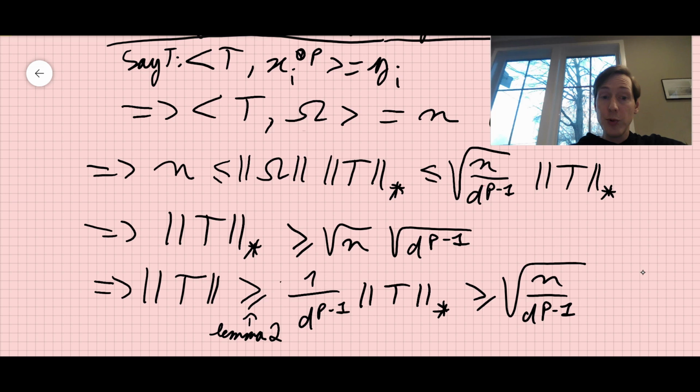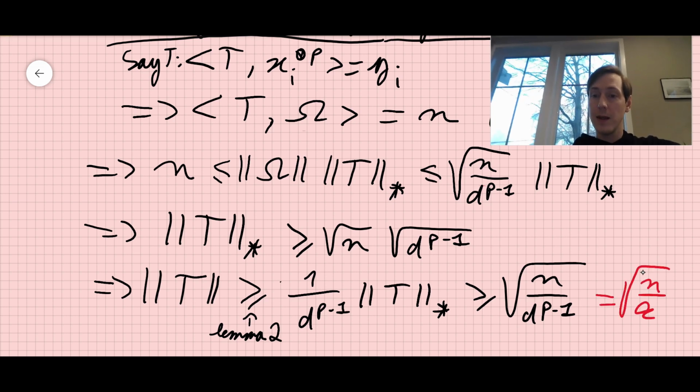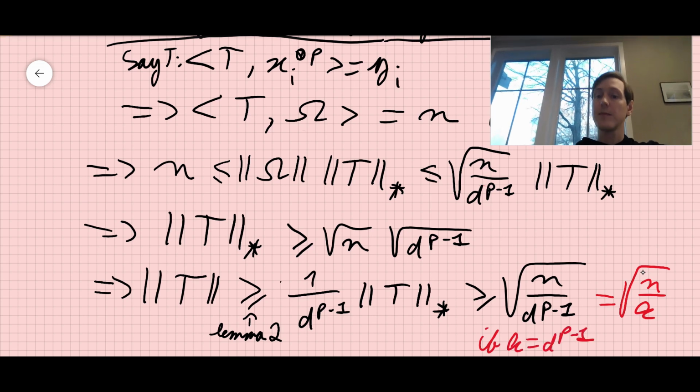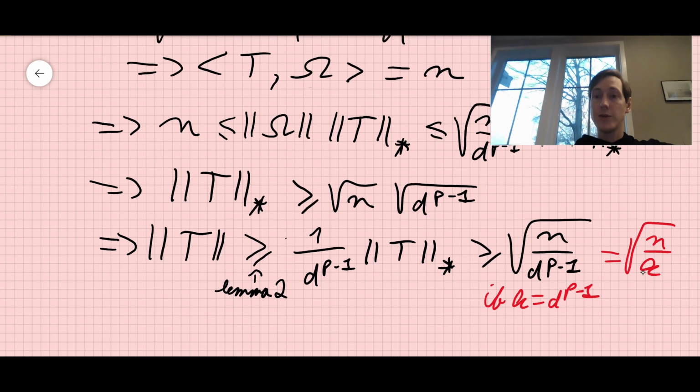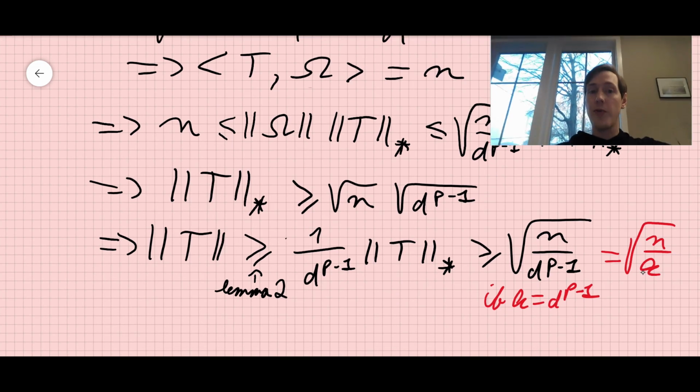This proves the law of robustness because this is equal to square root n over k if k is the largest possible. Okay, so this proves the law of robustness in a particular regime for polynomial network.